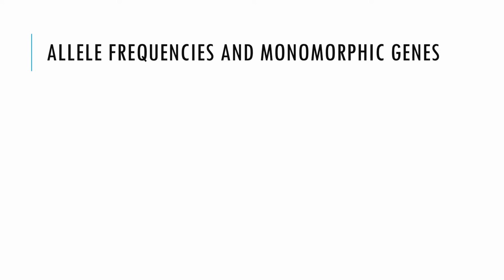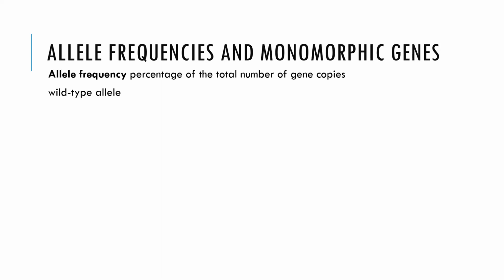The most common allele in a population is usually called the wild-type allele, often designated by a superscript plus sign. A rare allele in the same population is considered a mutant allele. A mutation is a newly arisen mutant allele.